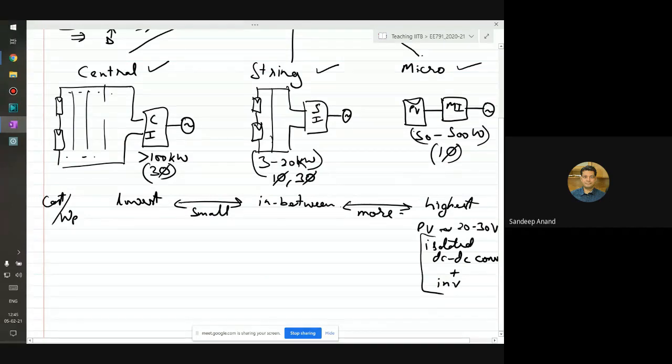If you talk about central inverters, here we have strings. Usually the power is large, so you can have a string of much higher voltage. But usually the inverters would use IGBTs which are rated for 1200 volt, so the total string voltage is usually limited to 1000 volt.